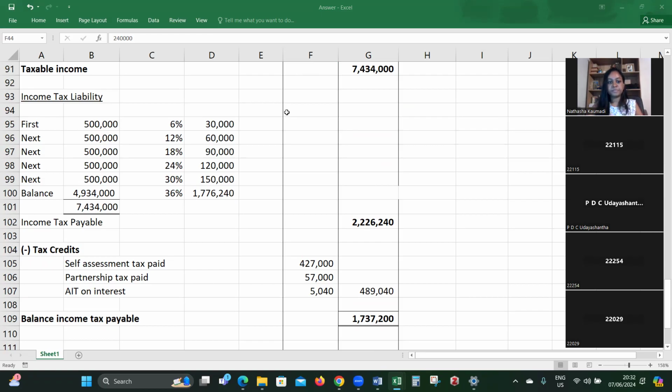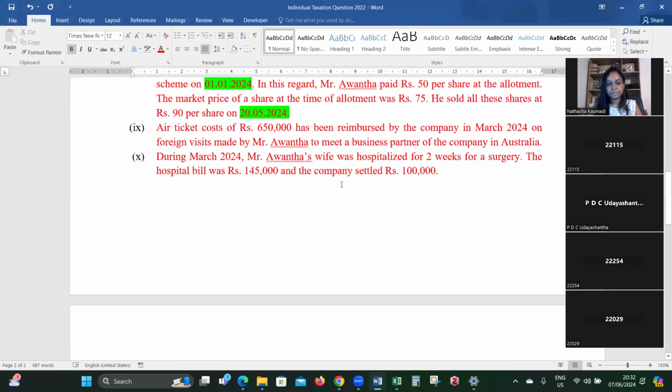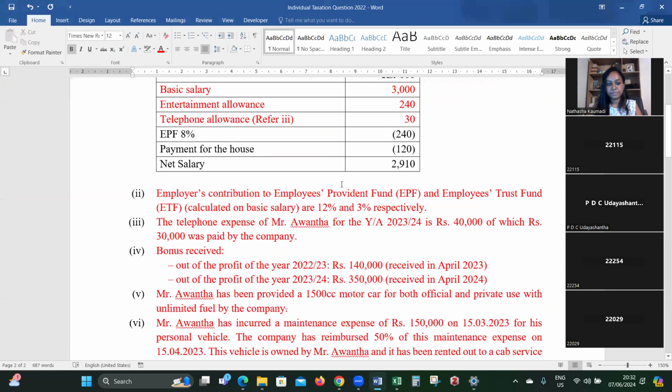This will be taken into account when, under employment income, we also discuss termination benefits. When an employee gets retired, at that point also we discuss this. So it will be taxed at the point of retirement of this particular individual. If that is given, for example, let's say here you are not provided this 3%.